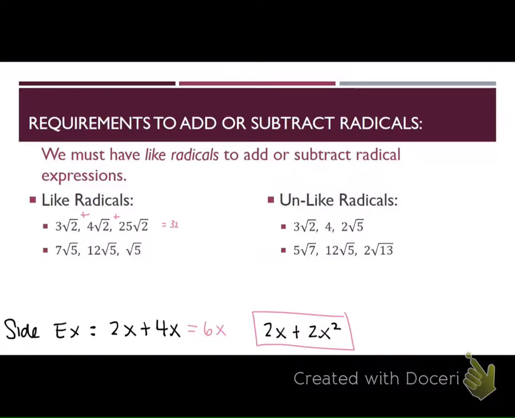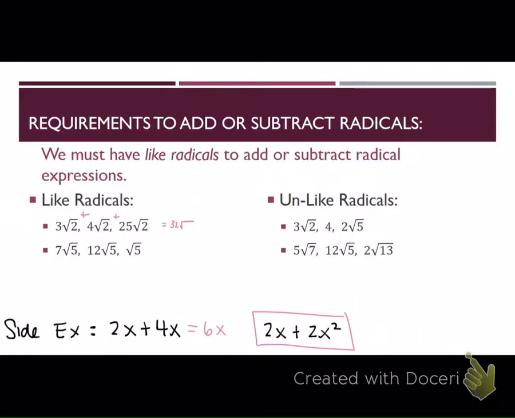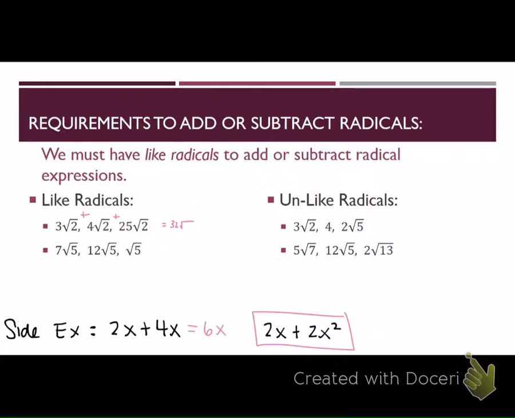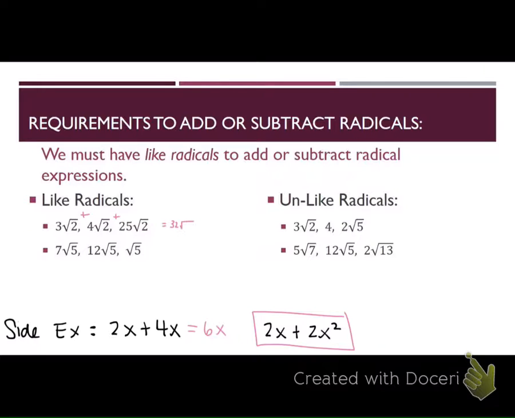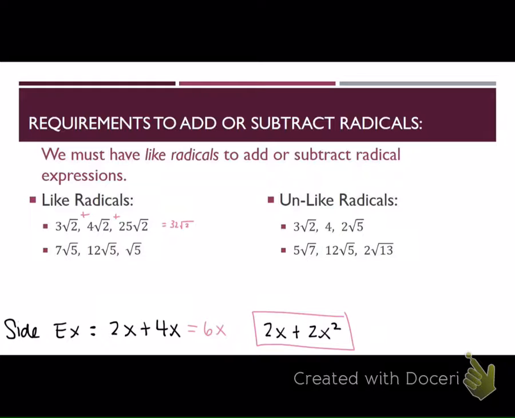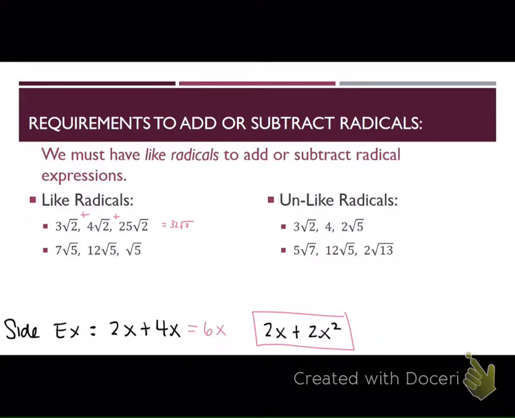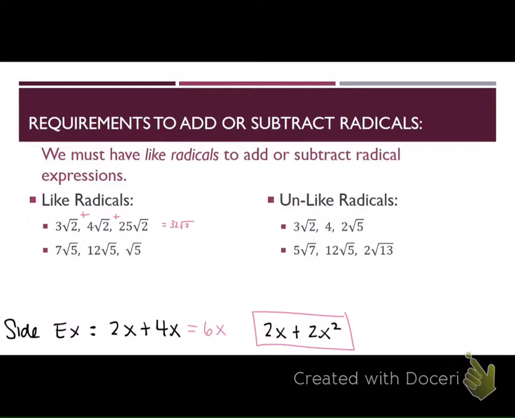Okay, what do you think is under the radical then? Just 2. Do we change the x when we do 2x plus 4x? No, the x doesn't change, so why should the radicals change? What this is saying is we have 32 radical 2's, essentially. So for it to be a like radical, it has to have the same number underneath the radical. What is in front of this radical here?